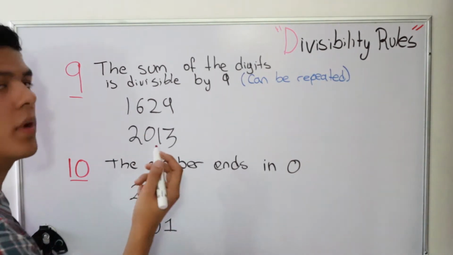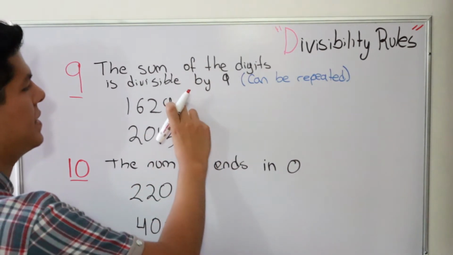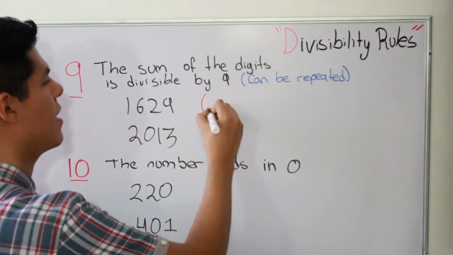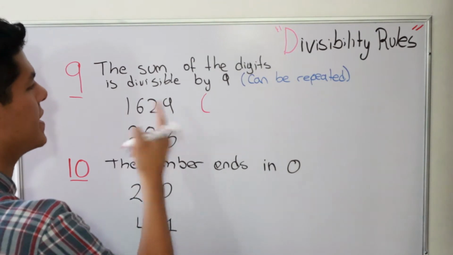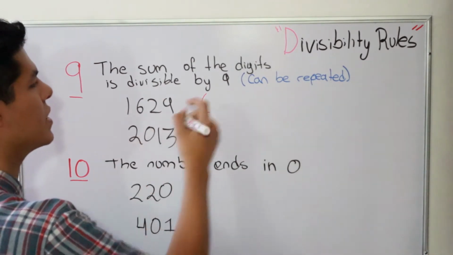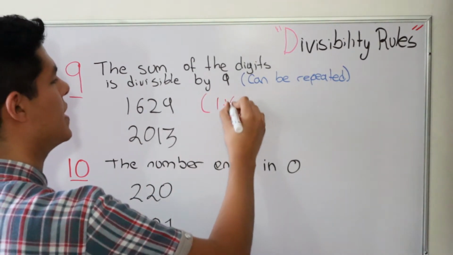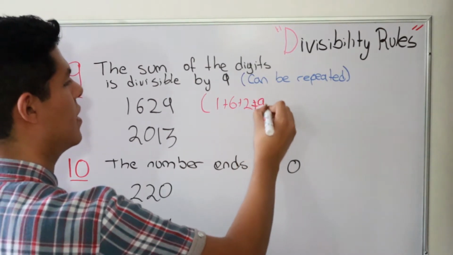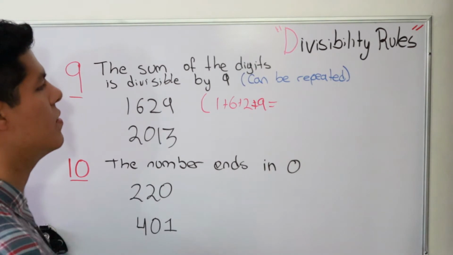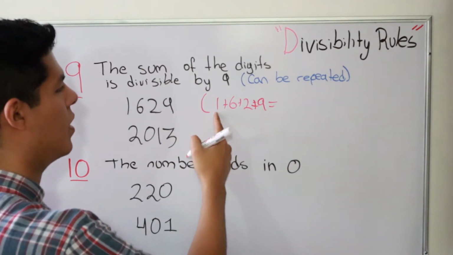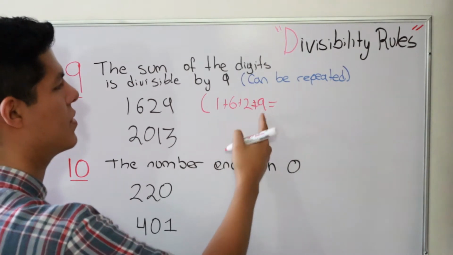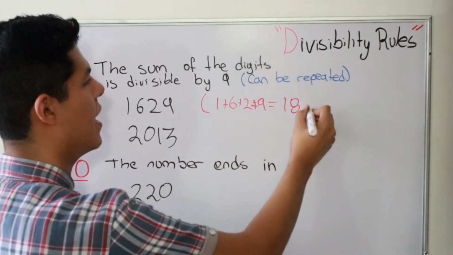For example, let's test 1629. We add the digits: 1 plus 6 is 7, 7 plus 2 is 9, 9 plus 9 is 18.